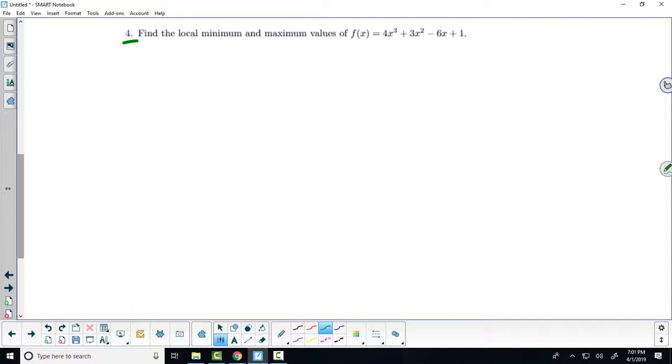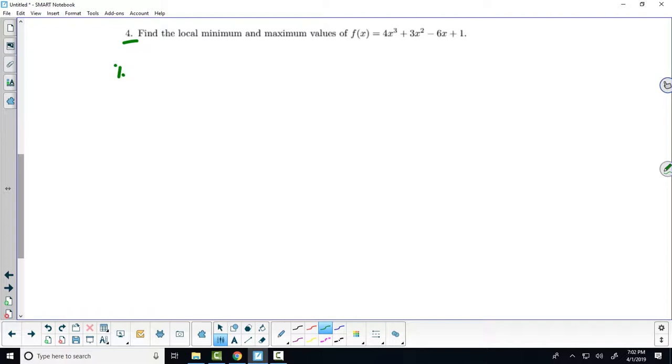We didn't yet have the increasing-decreasing test, so we could not find local maxes and mins. We talked about them, I asked you questions about them, and we discussed them, but we didn't actually say find the local maxes or mins. All right. So now let's actually do that.